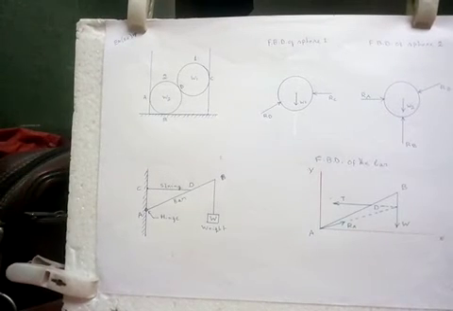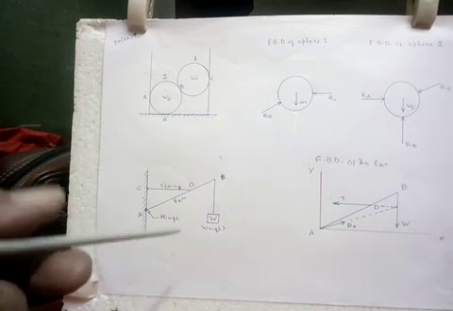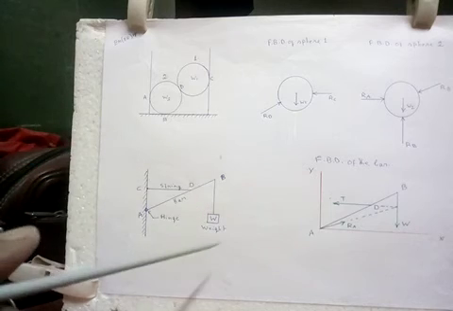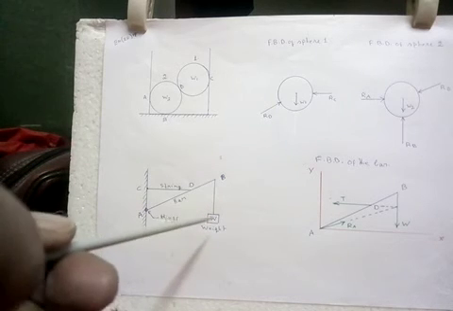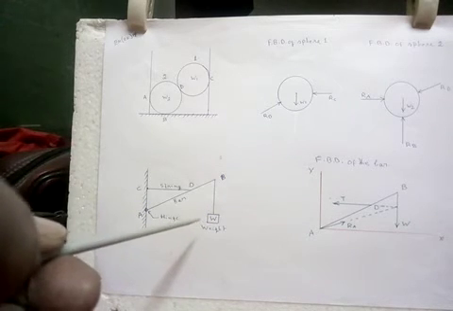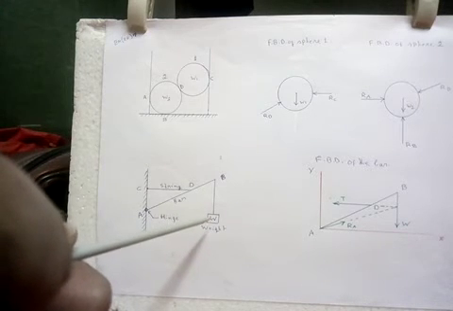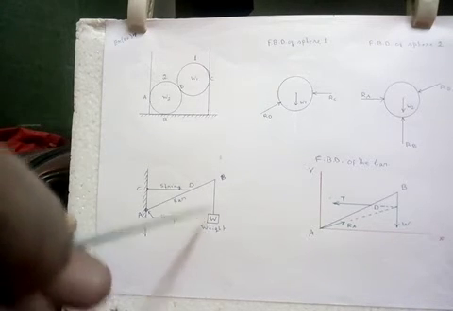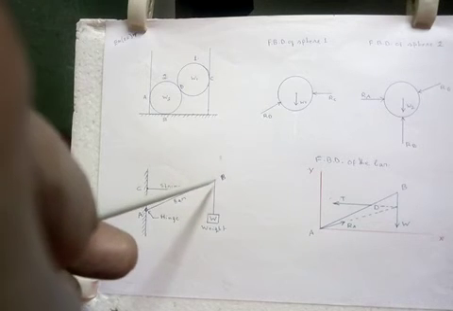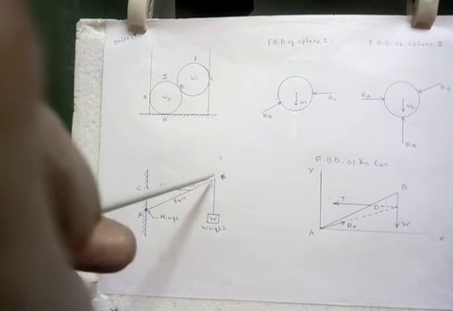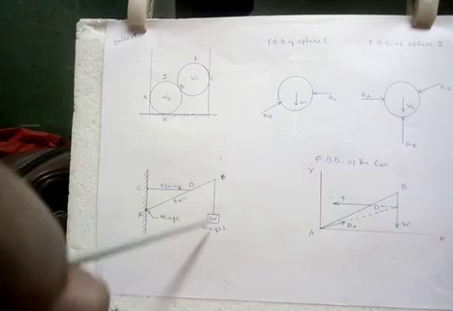Now you see what are the forces acting here. First, W is the force acting vertically downward at this end at the point B on this beam.